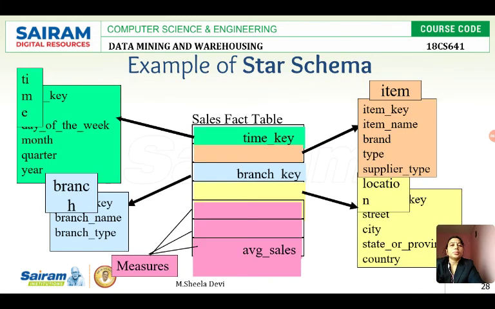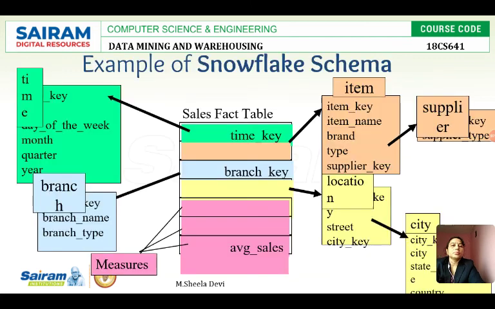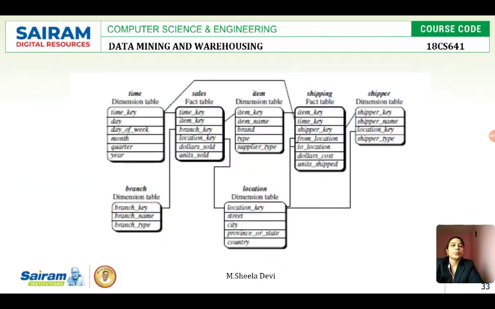Yes, the next type is fact constellation. Here multiple fact tables share dimension tables. So it is viewed as a collection of stars, therefore called galaxy schema or fact constellation. Yes, we'll see with the diagram. If you see this diagram, this is a fact table, that is the sales fact table, and one more fact table we have, that is the shipping fact table. So these 2 fact tables are sharing one or more dimension tables.